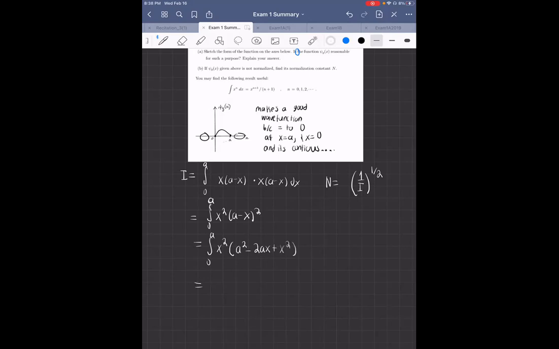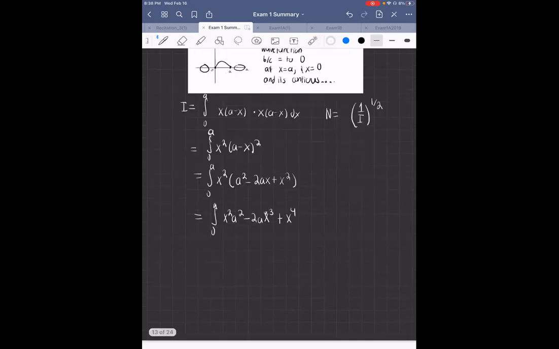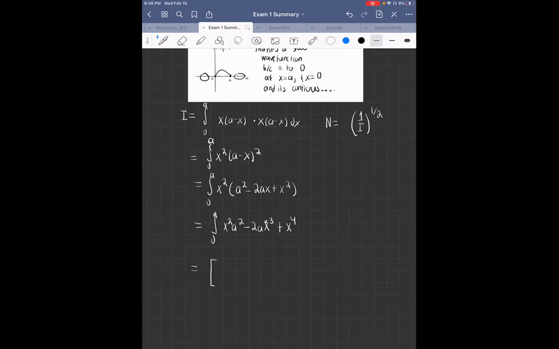And you multiply x squared inside, which would be x squared times a squared minus 2a x to the third plus x to the fourth. And then after integrating, you find this is true: x to the third a squared over 3, minus 2a x to the fourth over 4, plus x to the fifth over 5.